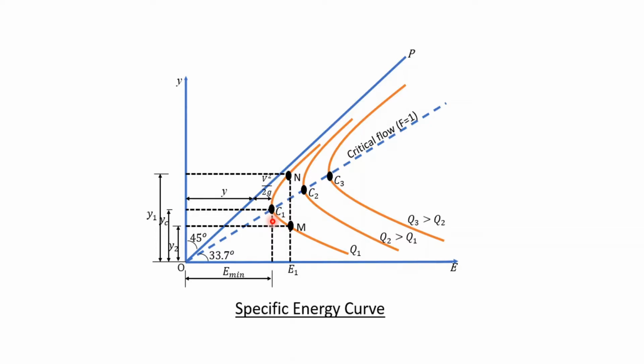The specific energy curve has been drawn for discharges Q1, Q2 and Q3, such that Q2 is greater than Q1 and Q3 is greater than Q2.